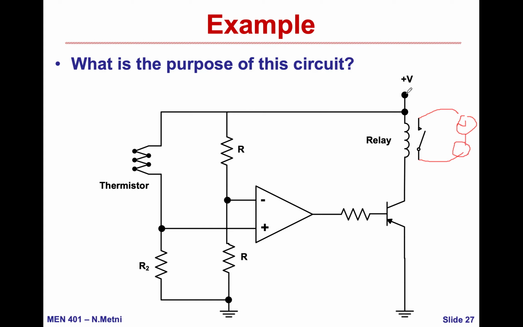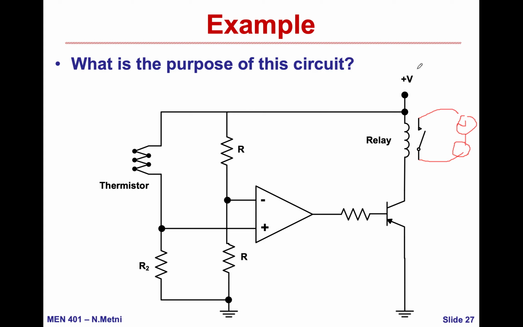When there is current passing through this relay, this contact is closed and the circuit is closed and it can work. So let us get back to the basic question on the slide: what is the purpose of the circuit?